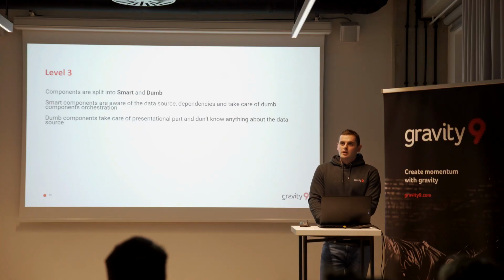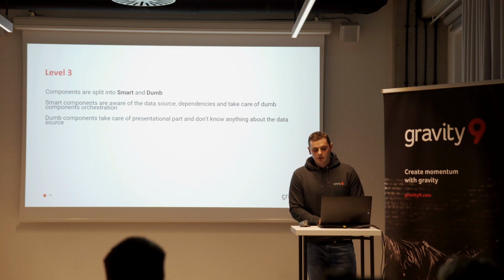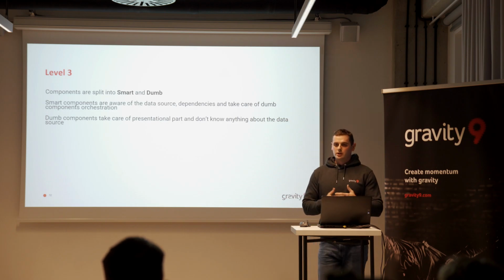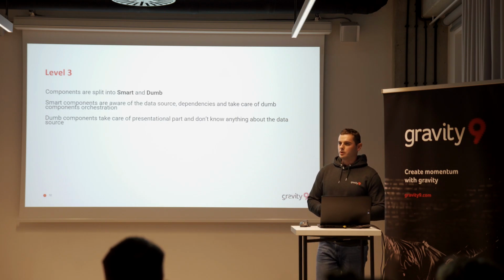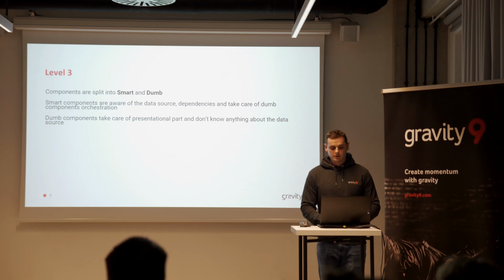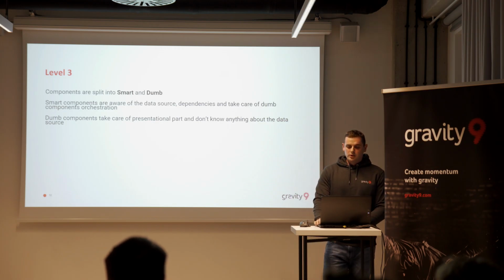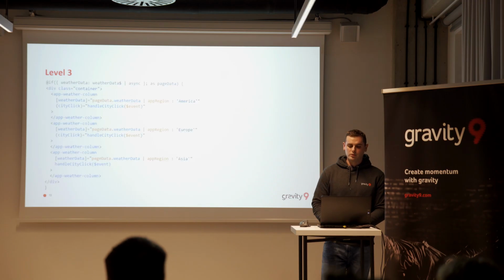And on the other hand, dumb components take care only of the presentational part of the UI. And they only use the simplest mechanics that we have in Angular. So they will mostly communicate with smart components using, for example, input, outputs, and nothing else. And you can see this example here.